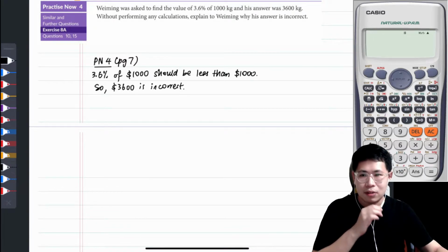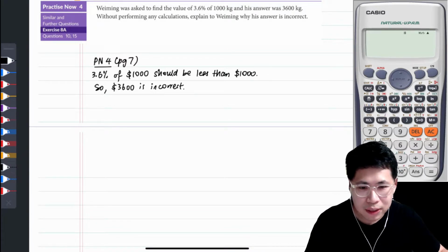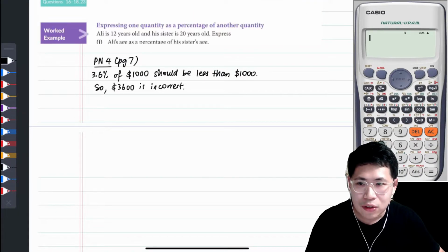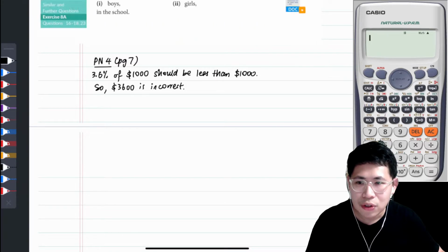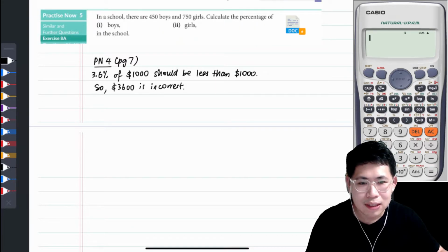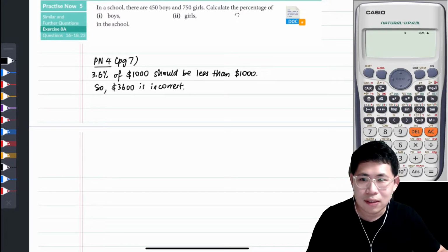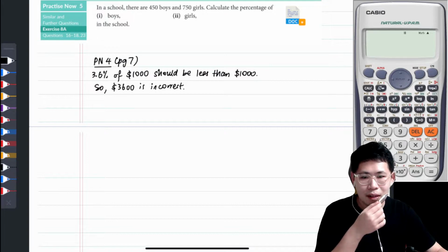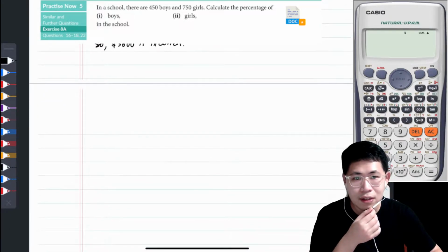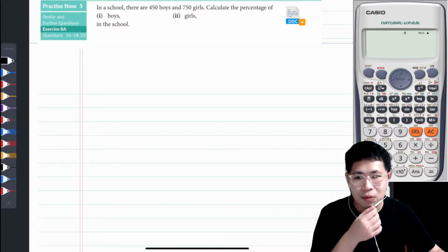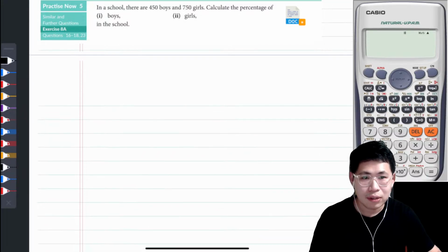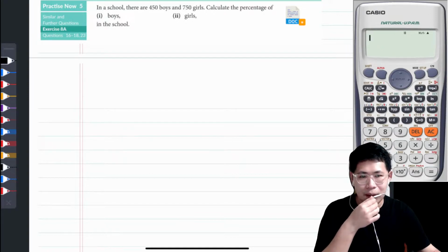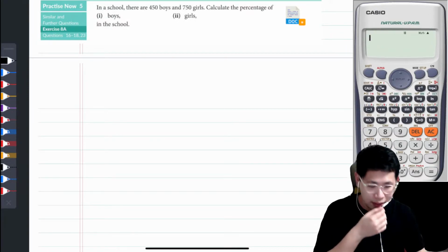Alright. So next we're going to jump straight ahead to practice now 5, which is the next page. Before we go on to practice now 5, I want to write down something here. Because now we are going to calculate the percentage of one quantity over another quantity.